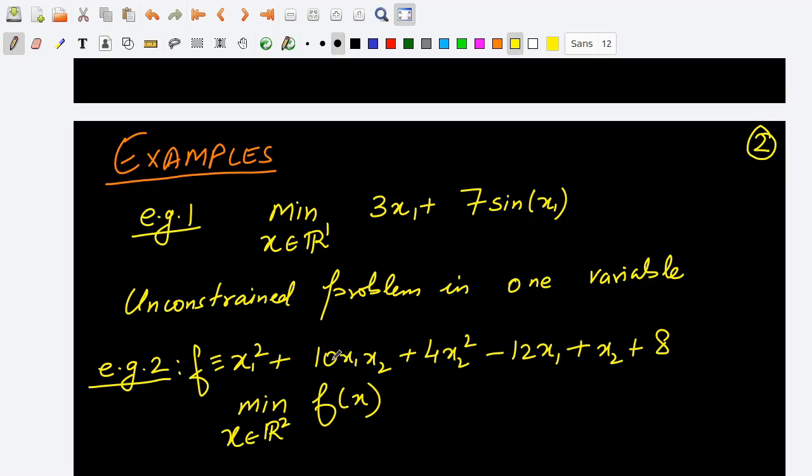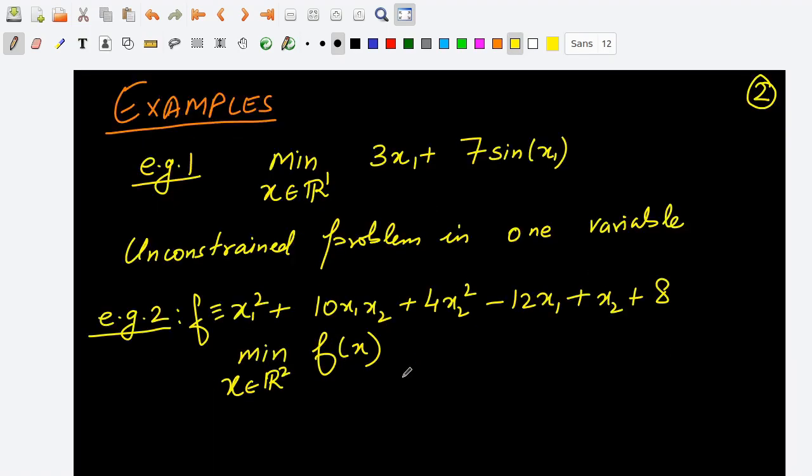Now some of us should still be able to solve this example by writing it as a sum of squares or taking some derivative and so on, but this is obviously slightly more difficult than solving example 1.